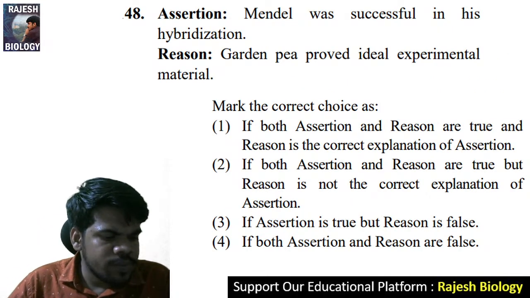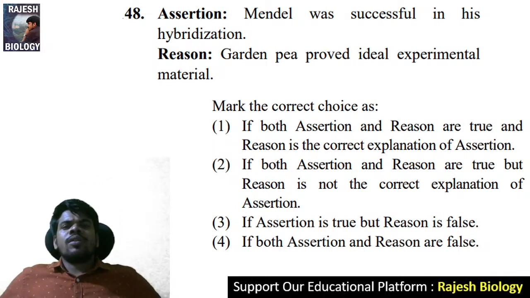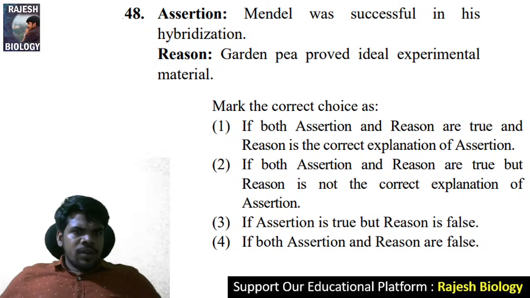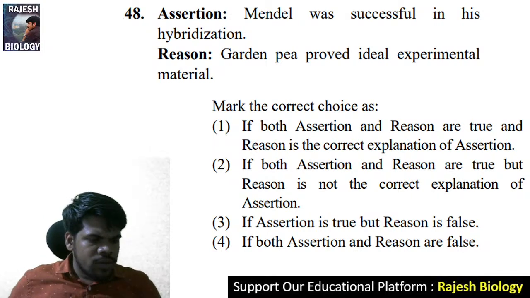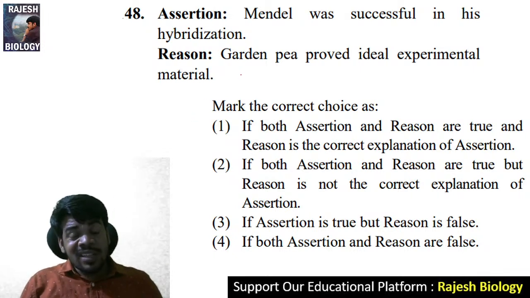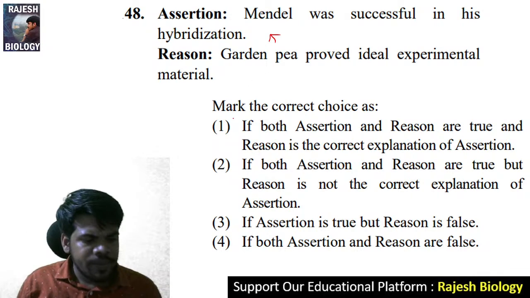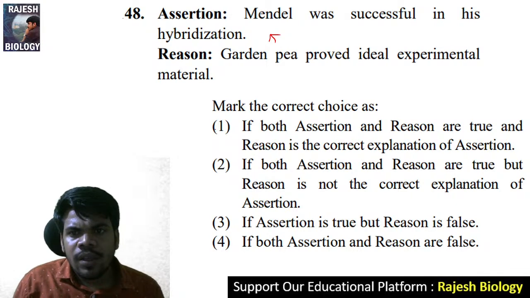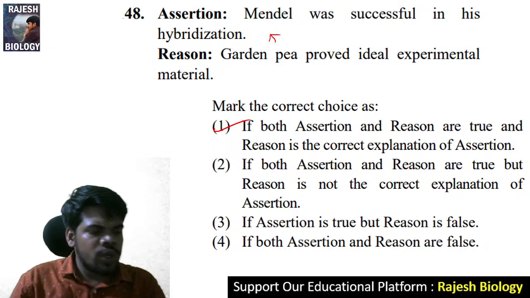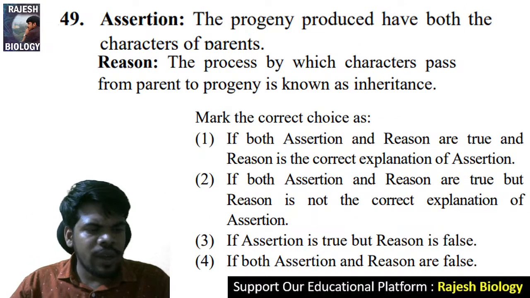48th question. Mendel was successful in his hybridization. Garden pea provided ideal experimental material. Yes, both are correct, and it is the correct explanation also, because garden pea provided the ideal material, that's why he succeeded. So 48, and the correct explanation also. Yes, correct, Chandrika. Come to the 49th.